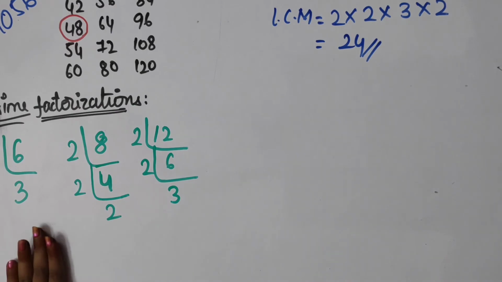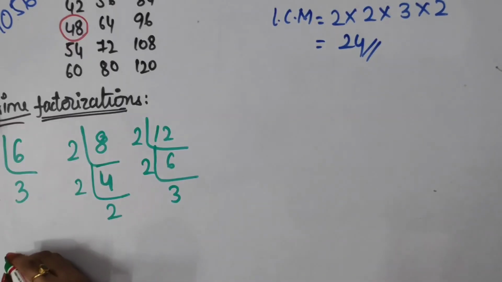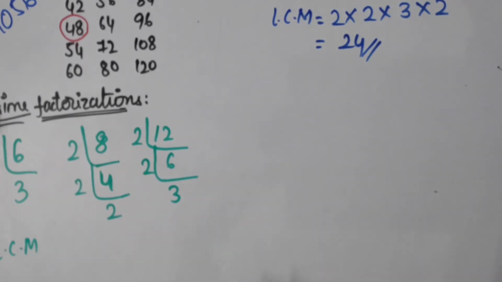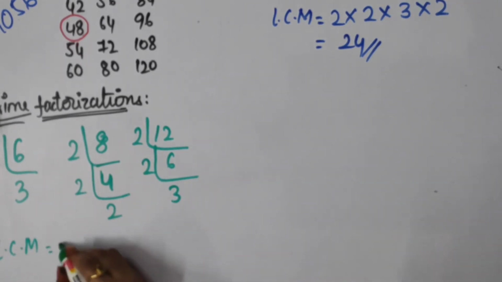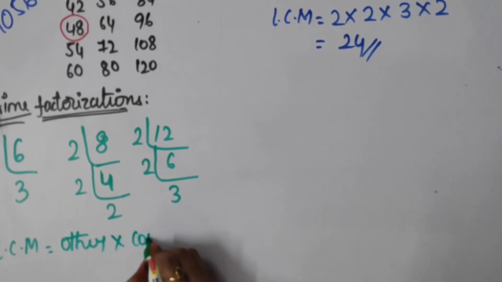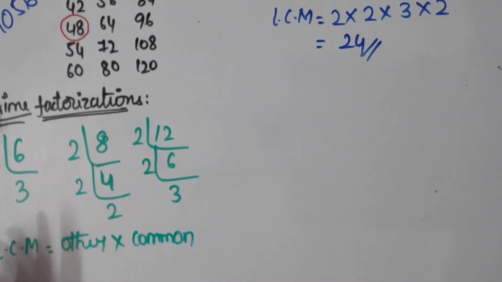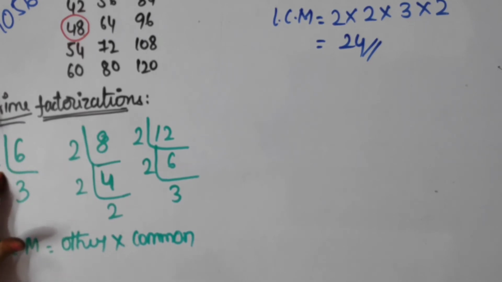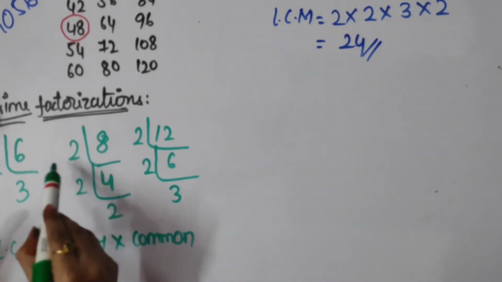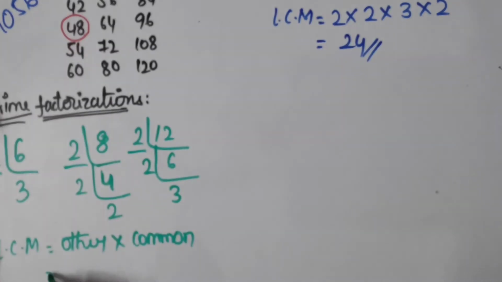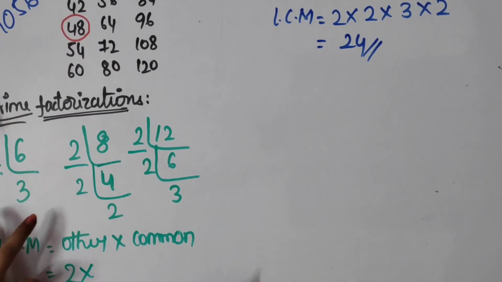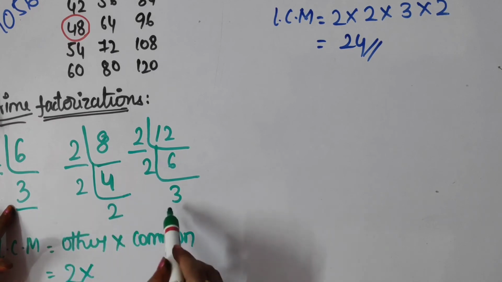Now in this method, the LCM should always be written as other factors into common factors, or vice versa. Let's see, here there is a common number which is 2 2 2. So 2 into, and then I can see 3 3.